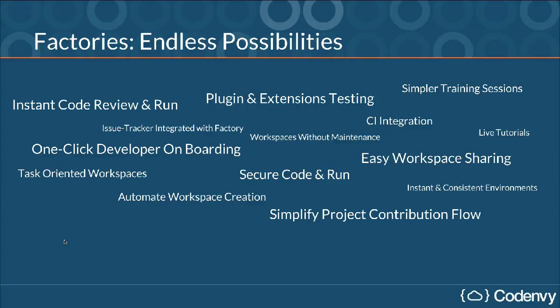We talked about training sessions, but also live tutorials. Imagine if you're in QA, let's say, or even in development, and you're building something, you notice a bug. What you can do with Codenvy that you really probably can't do today is essentially take and factoryize a particular configuration of your app, a particular configuration of the environment, package that up as a single URL and say, hey, I found a weird interaction with my app.